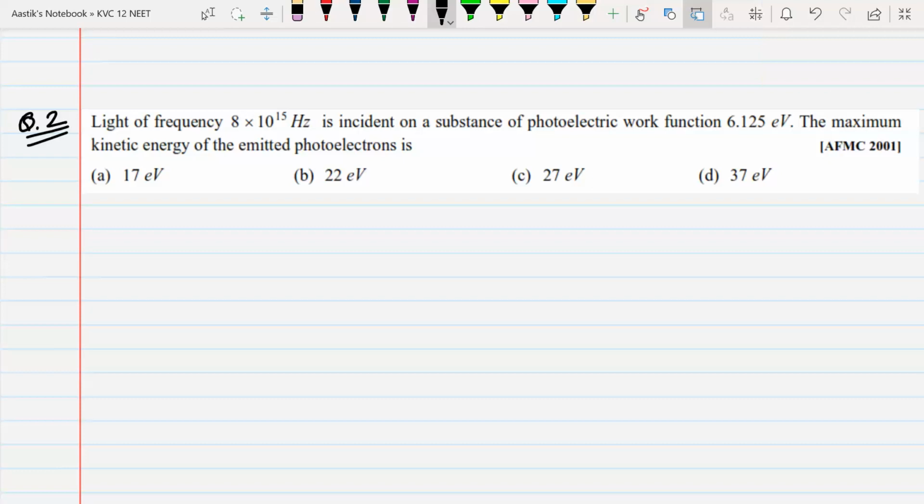Everyone knows how to do this, na? We're only caught in the calculation part. Yes or no? We don't know how to do this.